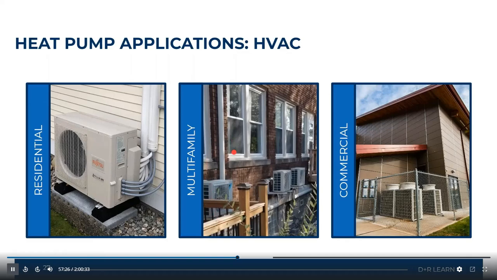In the middle image here, you have a series of ductless mini split heat pumps installed on the outside of a multifamily building. Now, each unit or apartment dwelling has its own individual system, and a lot of the time they're very similar to what you would see on a residential system.